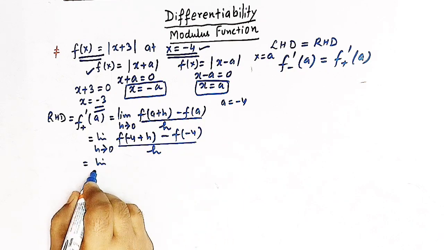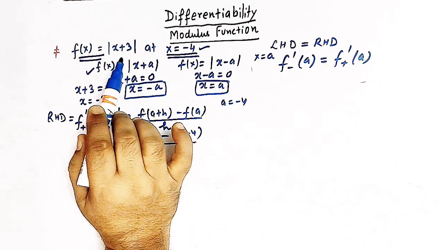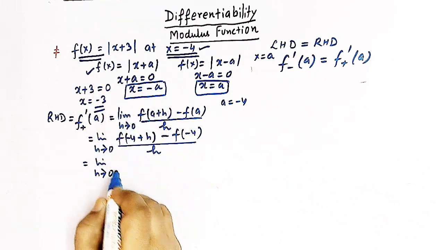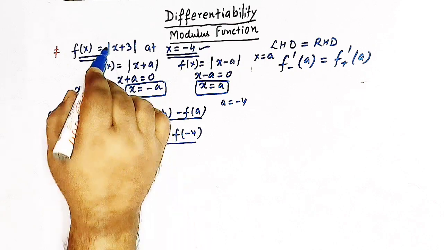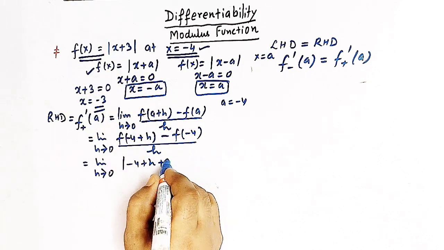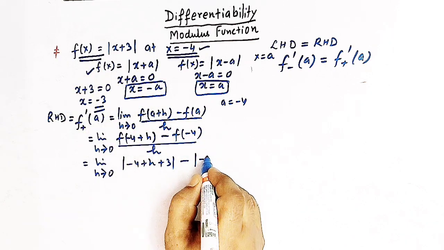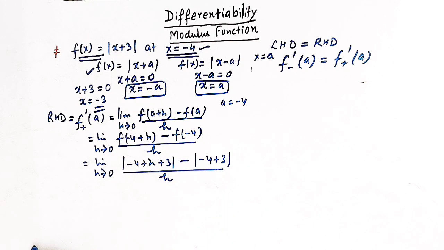The value of f of minus 4 plus h can be obtained by replacing x by minus 4 plus h. So we have mod of minus 4 plus h plus 3, then f of minus 4, that is mod of minus 4 plus 3, and here we have h.